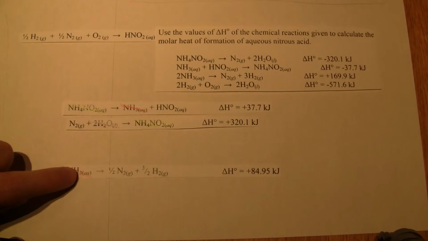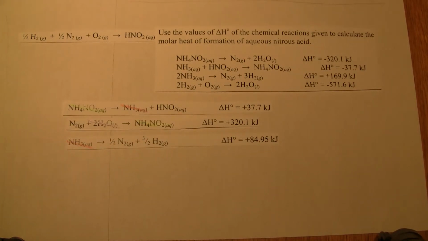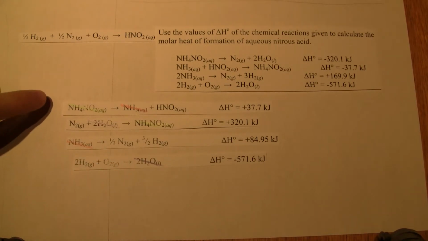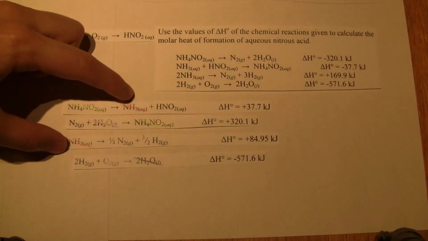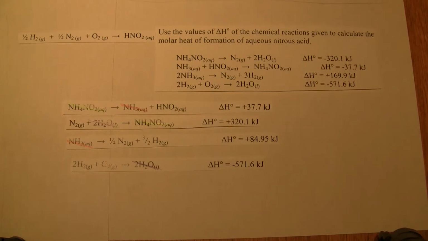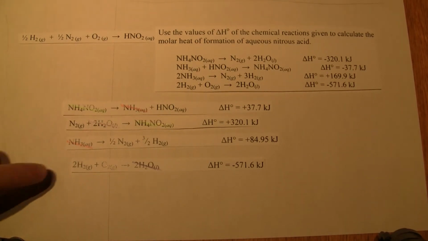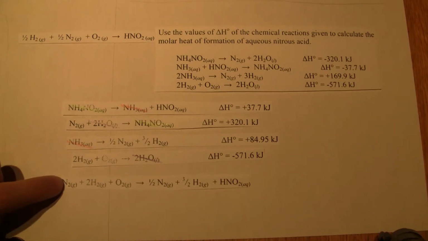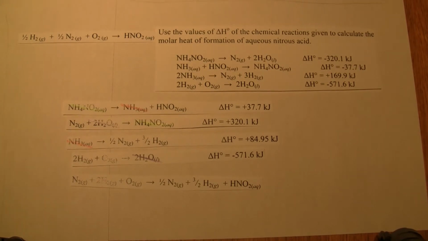And the last equation that we have to deal with involves water. So this cancels out our last water. We can see we have the NH4NO2 canceling out, we have the NH3 canceling out, and with the last equation that we have, nothing needs to be changed since the H2 is already canceling out. So these are our 4 equations, and when we cancel everything out and add together everything that we have left, we ended up with this chemical reaction.